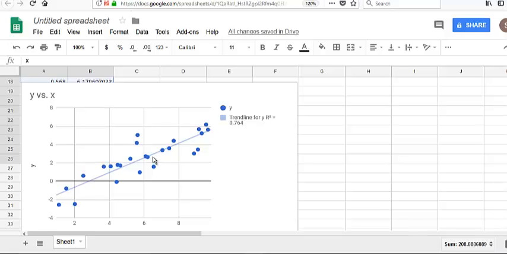If I were to slightly change the position of this line and add up the positive distances from the points to the line, generally speaking you'd find a larger value. So essentially it fits the line such that the error of the data points from that line is a minimum.